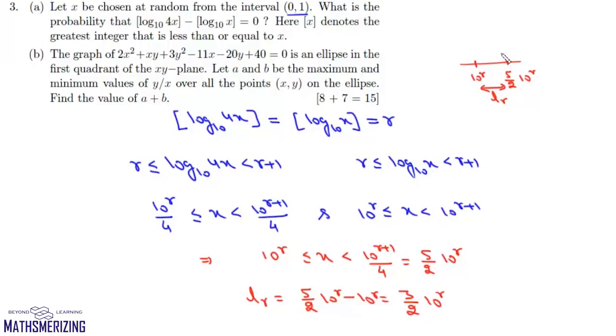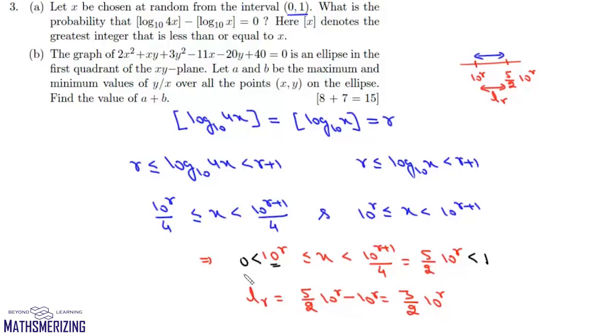Now we have to find the length of all such intervals for which the value of x will lie between 0 and 1. So this x must lie between 0 and 1.